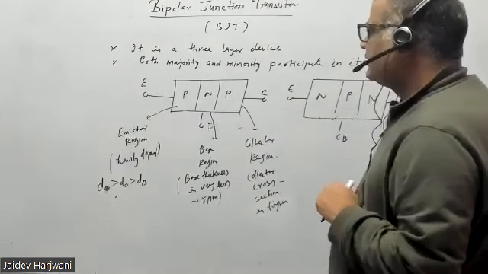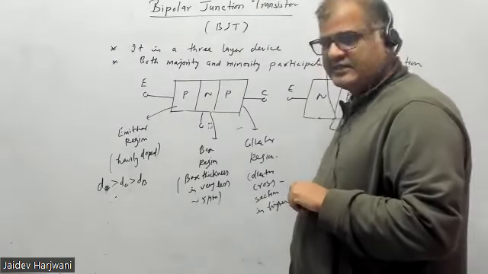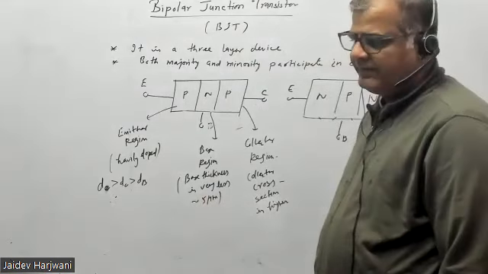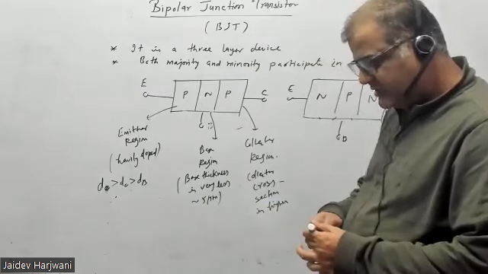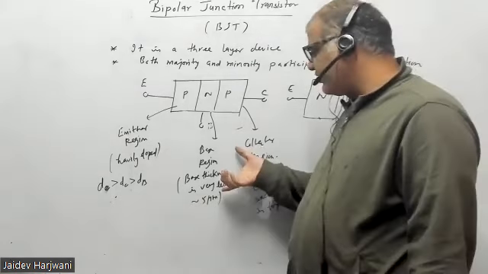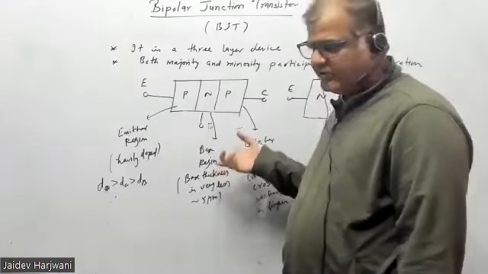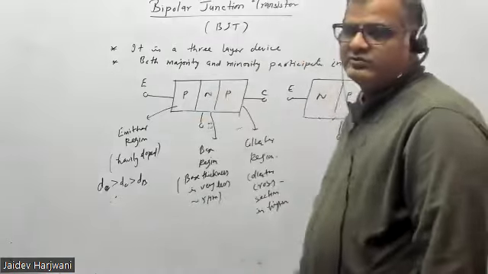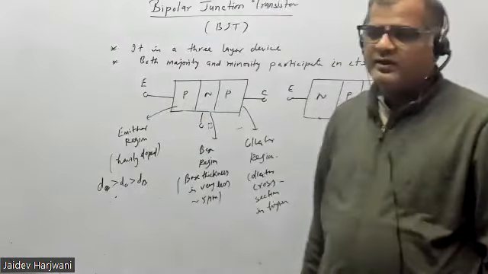Now the most important part of this transistor is the base. This is the special design, the fundamental property of the transistor. Because you are keeping the base very small, only then is it able to do the job we know, amplification.